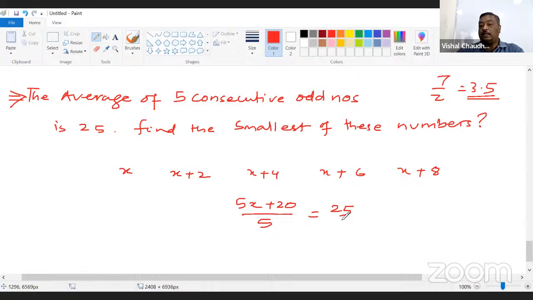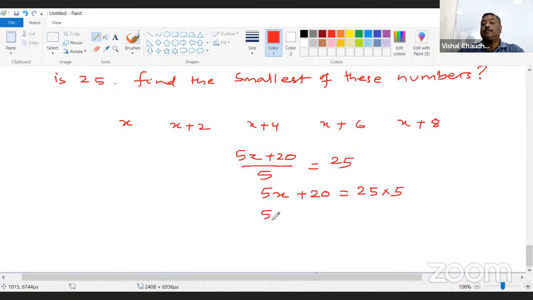So what I will get here is 5x plus 20 is equal to 25 into 5. 5x is equal to 125 minus 20, so x will be 105 by 5, and that is 21.